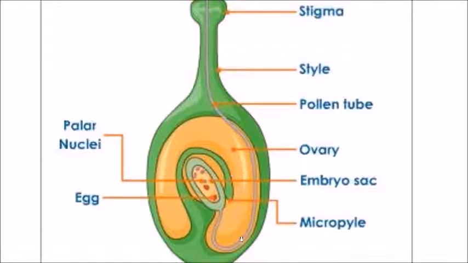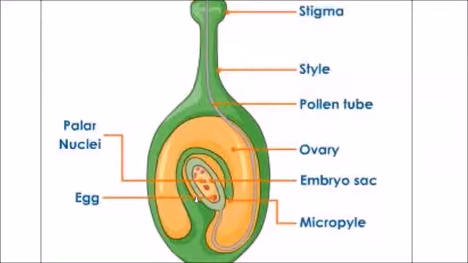Okay, so this pollen tube is literally growing down the style, and then eventually it grows into the ovule. The ovule is going to have a tiny pore or opening called a micropyle. Okay, so that's how the pollen tube is going to reach the ovule that has an egg cell inside of it.